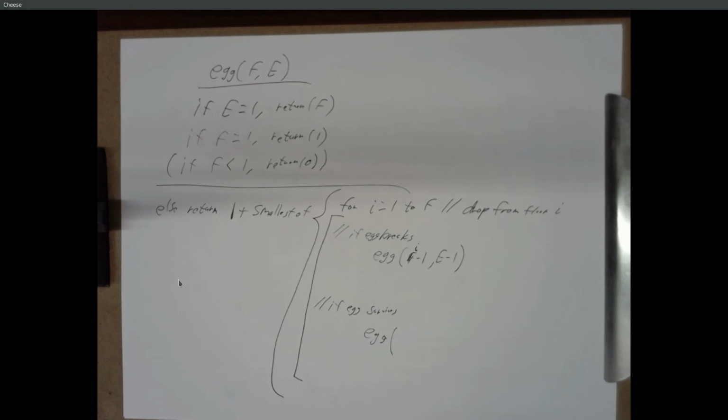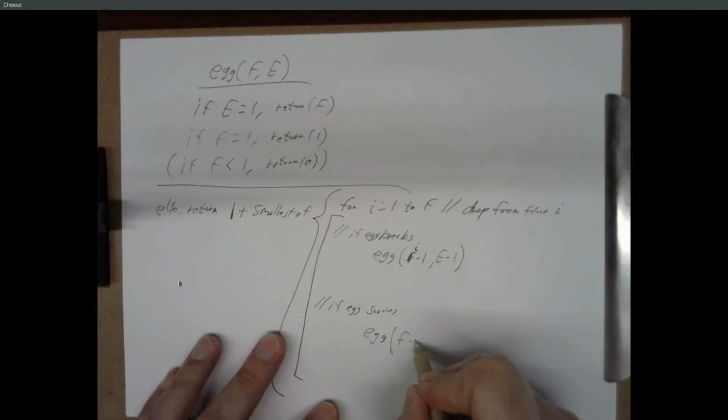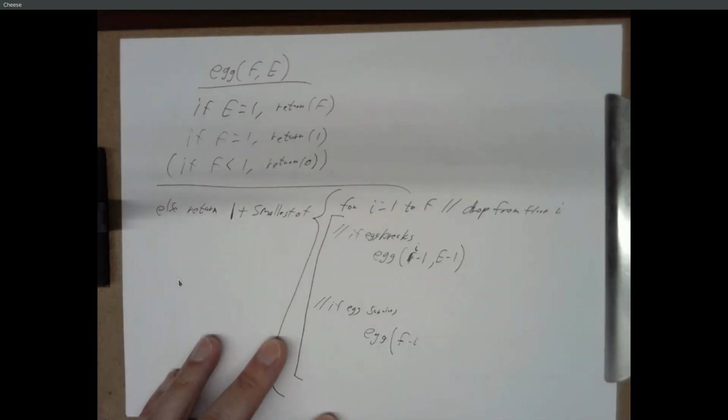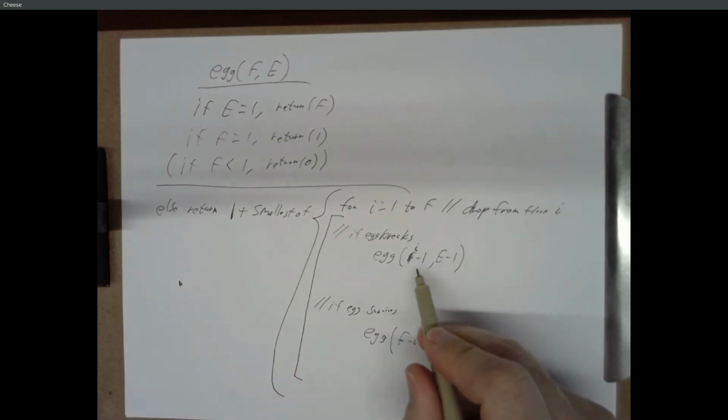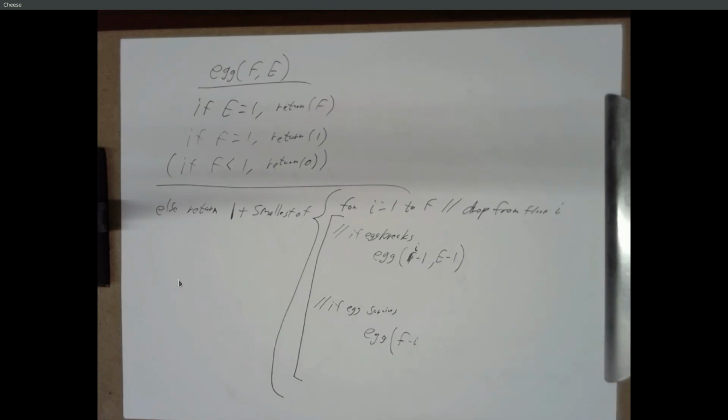We basically have F minus I floors, and we still have E eggs. Is it F minus I, not I minus 1? It's I minus 1 if the egg breaks, because we have to start below the floor that we just used. But if we drop from floor 10 and it survives, we can start testing from floor 11, 12, 13, all the way up to the top, which is like floor 100.